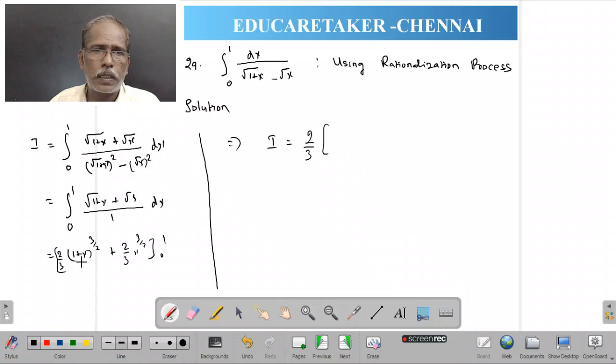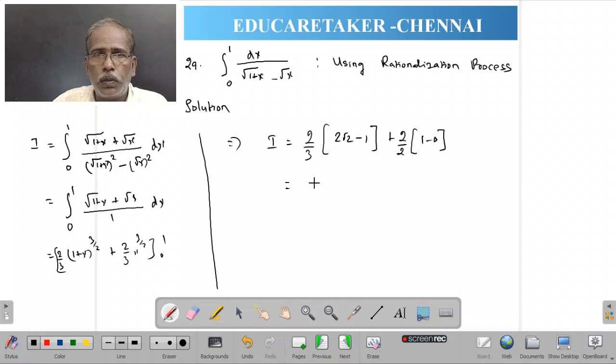Taking upper limit, 1 plus 1, 2 power 3 by 2, that is 2 root of 2. We have to subtract the lower limit value. Lower limit x equal to 0 means minus 1. And plus 2 by 3, this is for the second term, 1 power 3 by 2, that is 1 minus 0.